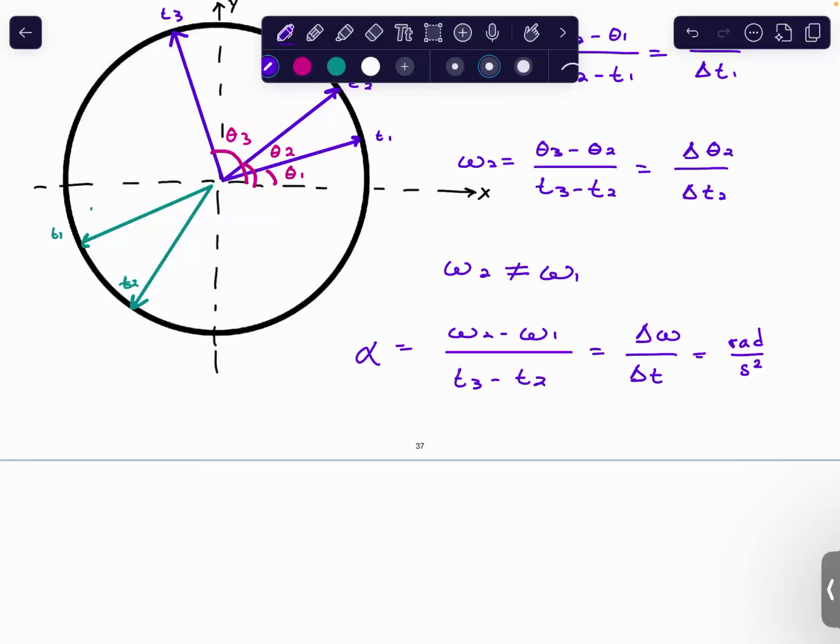Then at each one of these positions, we're going to have two different velocities.